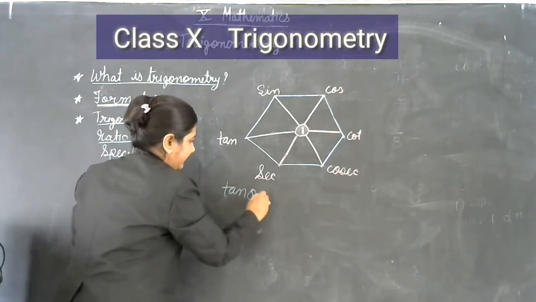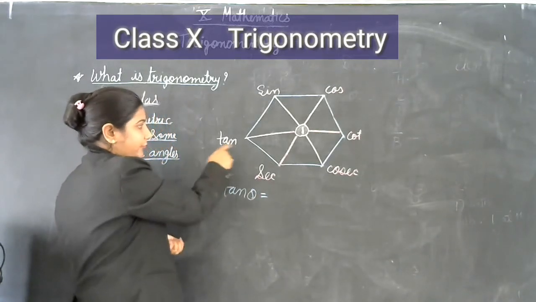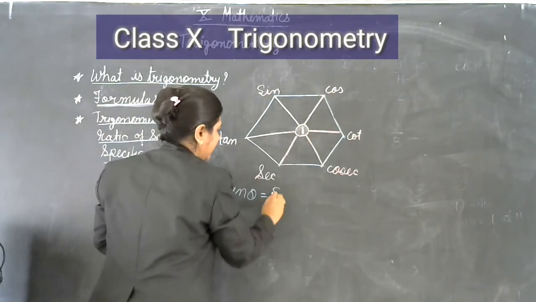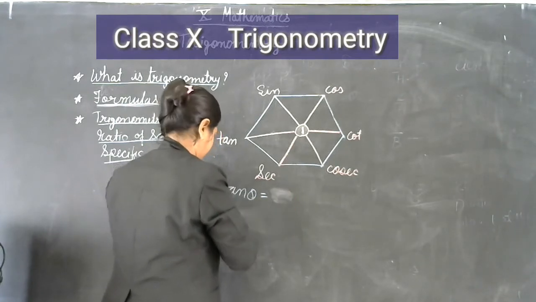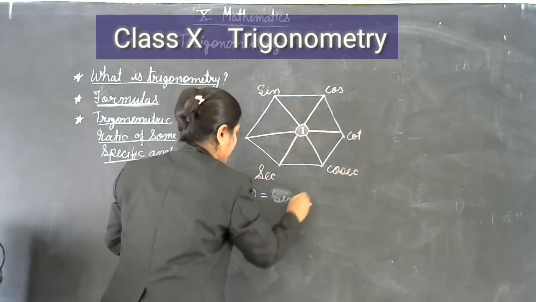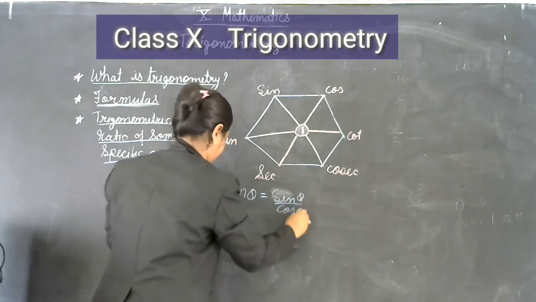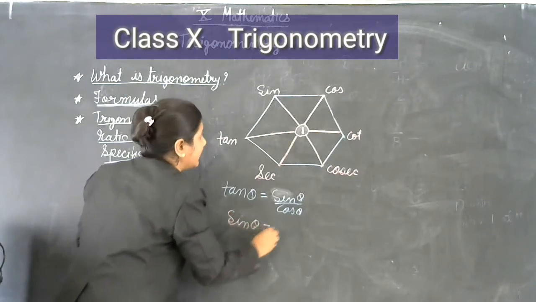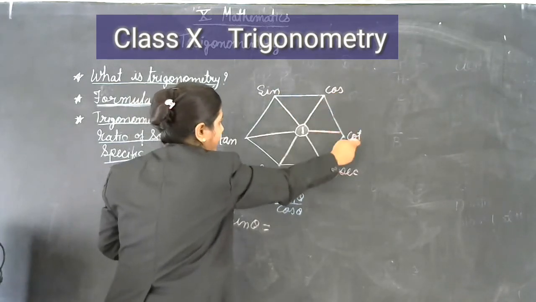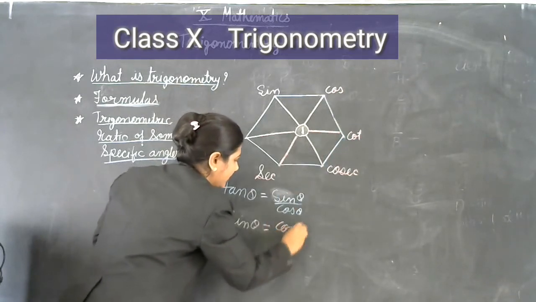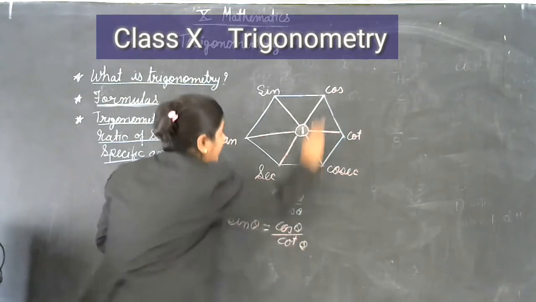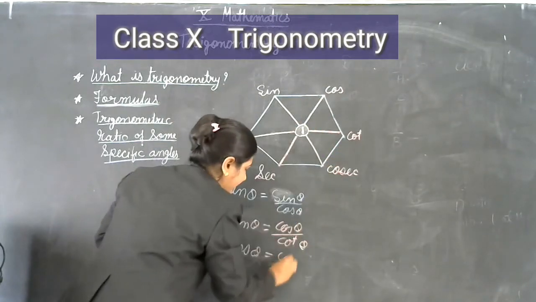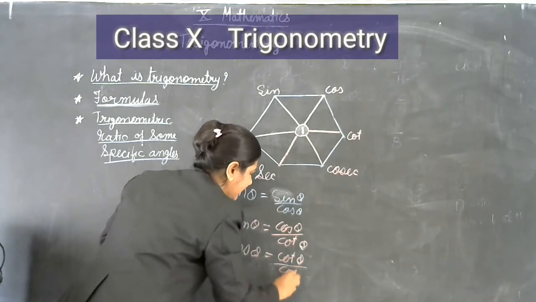Tan theta equals the first function equals the ratio of the second and third, means sin theta upon cos theta. Next, sin theta equals second by third, cos theta upon cot theta. Cos theta equals cot theta upon cosec theta.